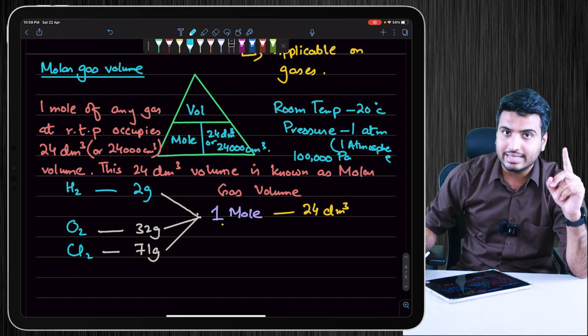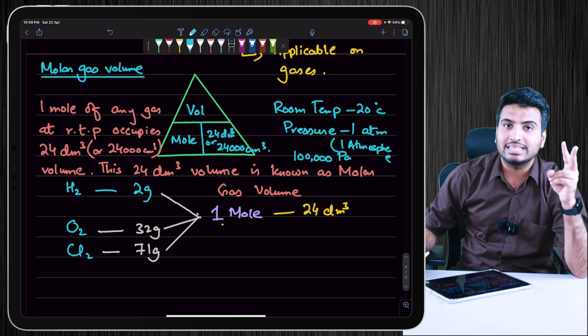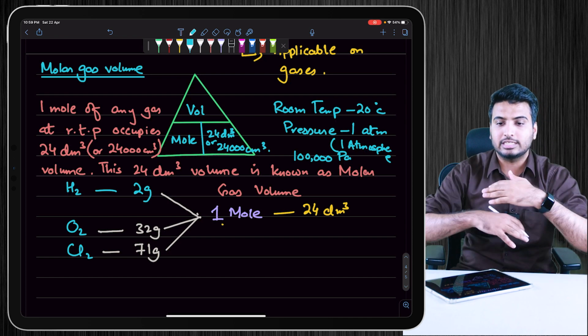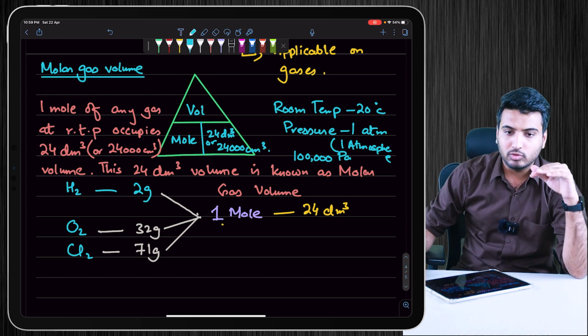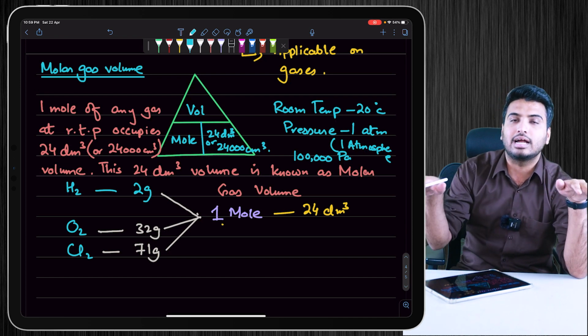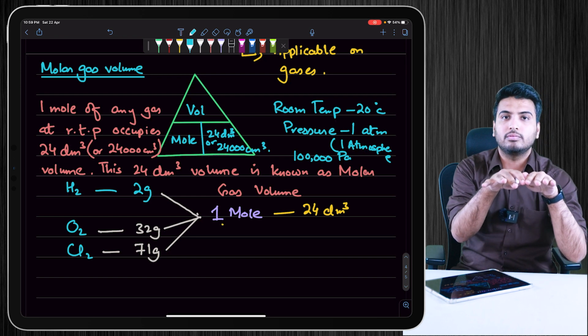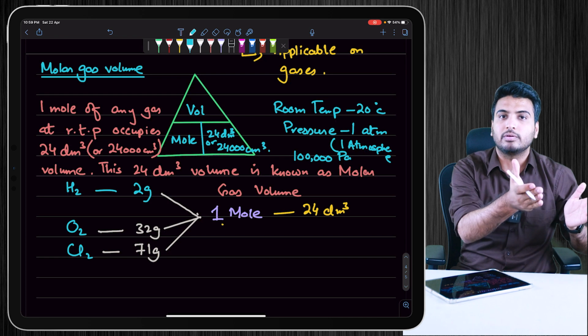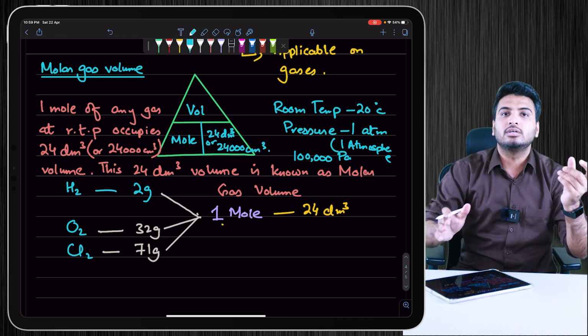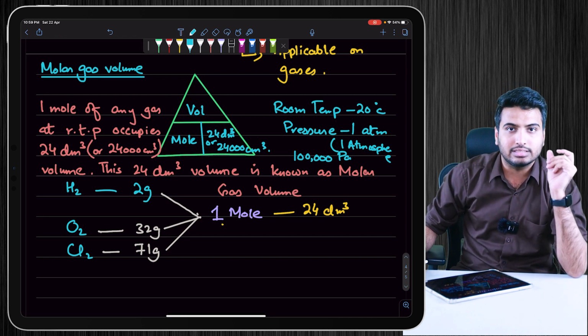Room temperature is 20 degrees Celsius and pressure is 1 atm, which we are experiencing right now as well. Certain places might have different room temperatures, but if we take the average, the standardized value is considered 20 degrees Celsius.